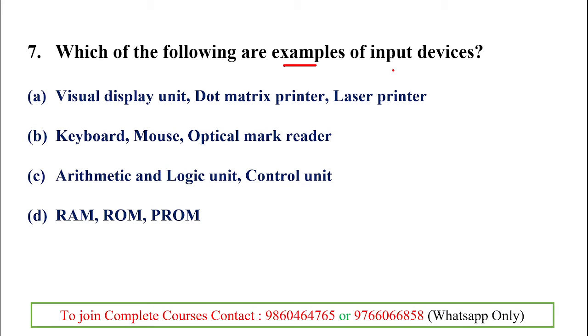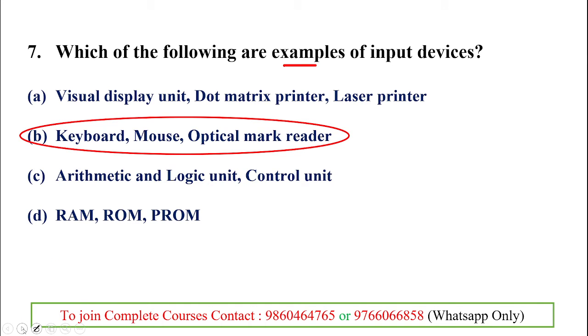The keyboard, mouse, and optical mark reader are input devices. The arithmetic logic unit and control unit are parts of the CPU. The visual display unit and dot matrix printer are output devices because they give the result. Then RAM, ROM, PROM are the memory.